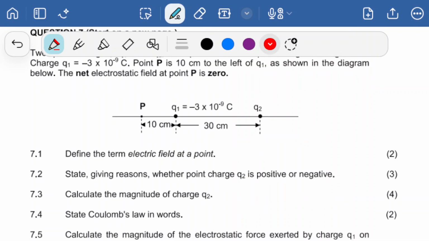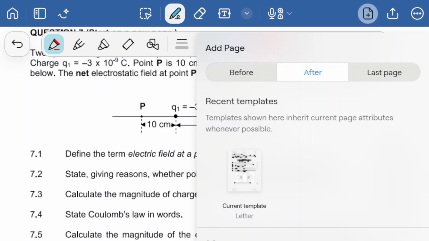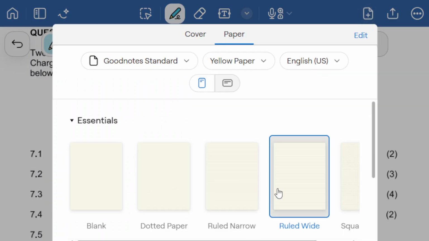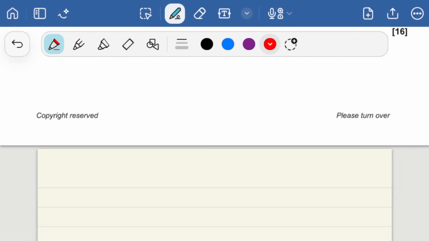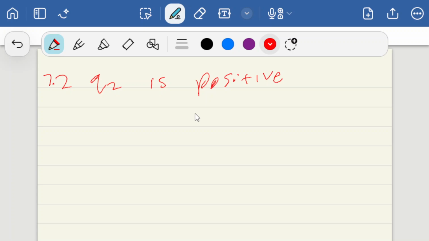Now if you were to write down the answer, let me just do this. That will be 7.2. So we will say Q2 will be positive. Why is Q2 positive?